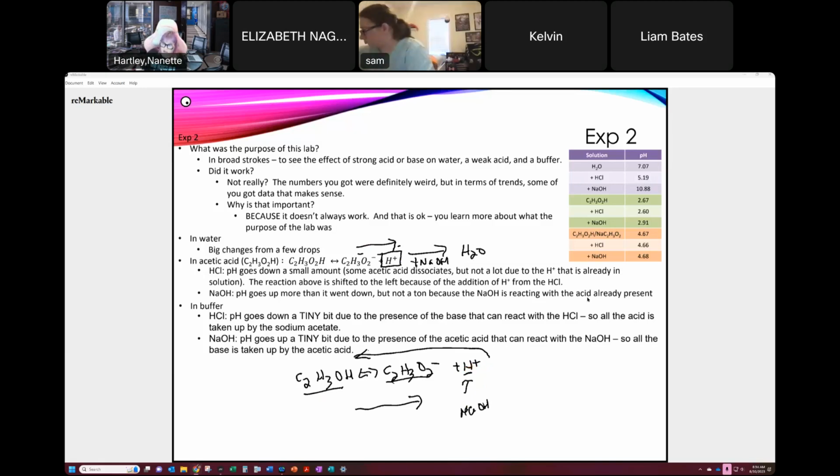Okay. And it wants to go backwards, so it's very easy for it to do that. Because it's already present, it's harder for us to push this forward. Okay. So that's what we're talking about in terms of Le Chatelier's principle. So, questions about what's actually going on there and how we talk about it in terms of the equilibrium.